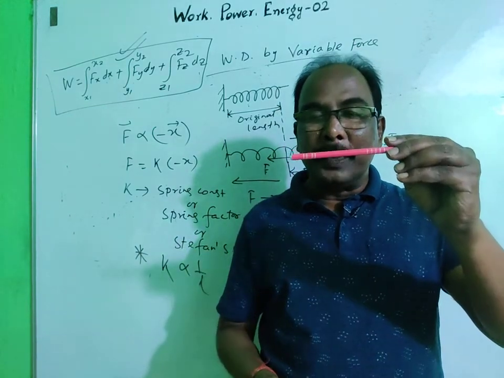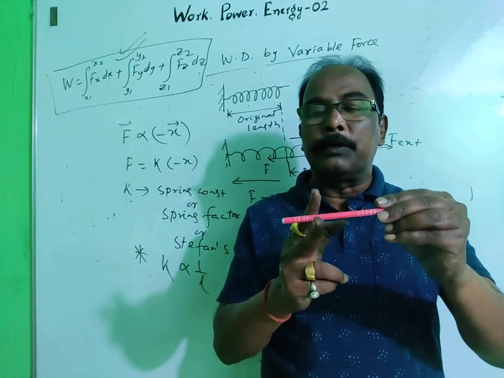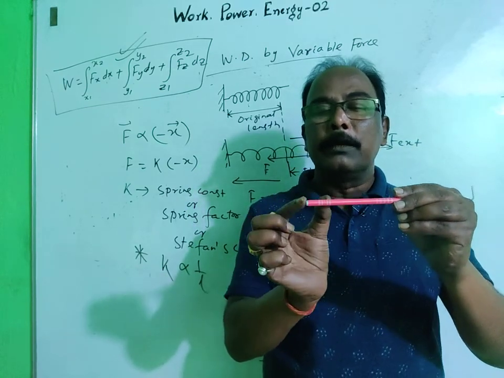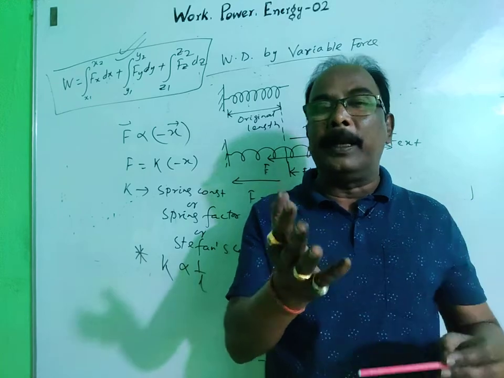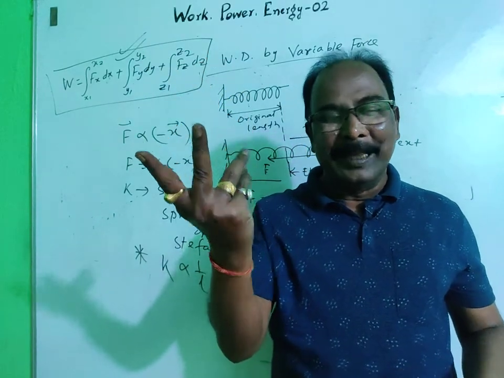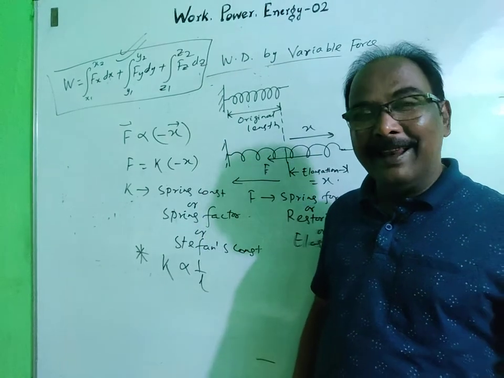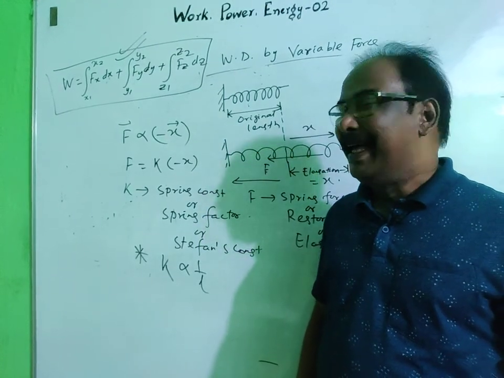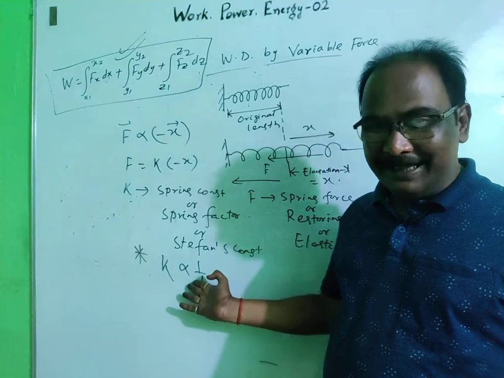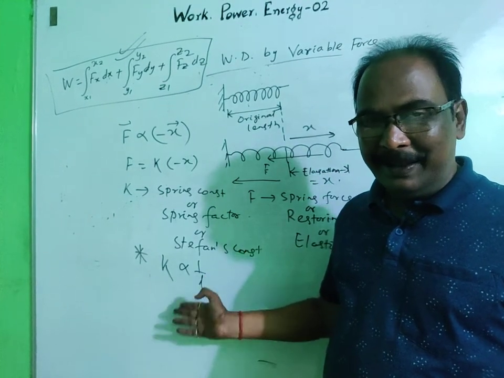Suppose the spring has spring constant k and it is cut into 10 equal parts, then the spring constant of each part will be 10k. If length decreases, spring constant increases in accordance with this relation. Is it clear? Okay.